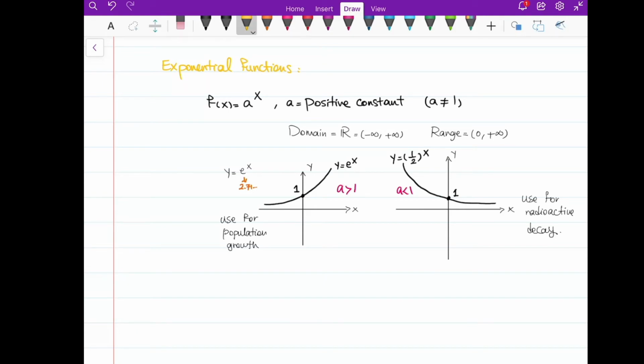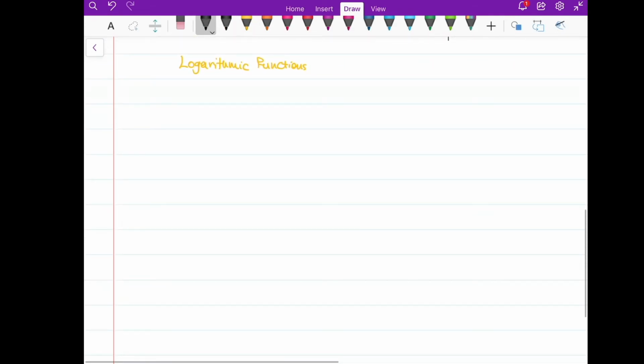So right now, let's go to logarithmic functions. This is another class of transcendental functions. Logarithmic functions are like this. So f of x is equal to the log of x with base a.